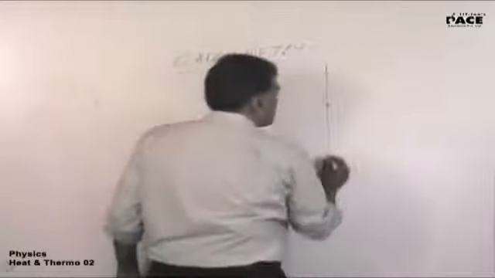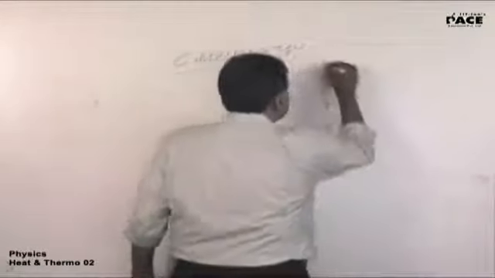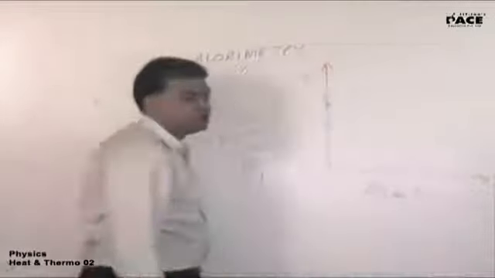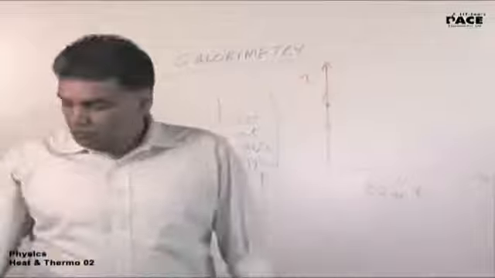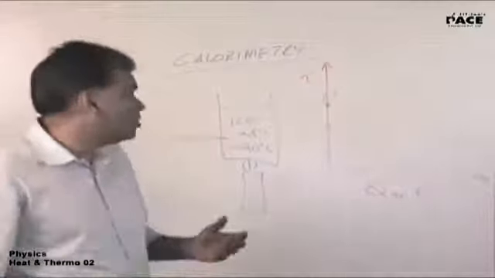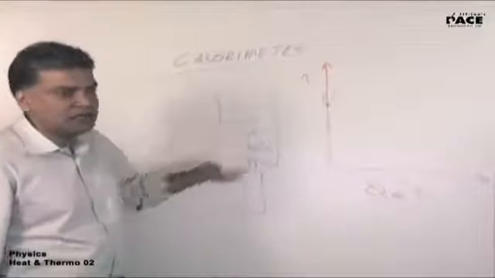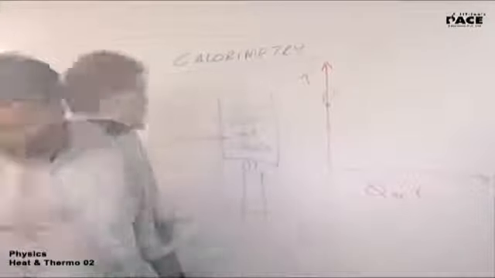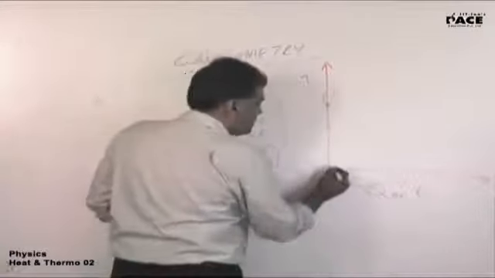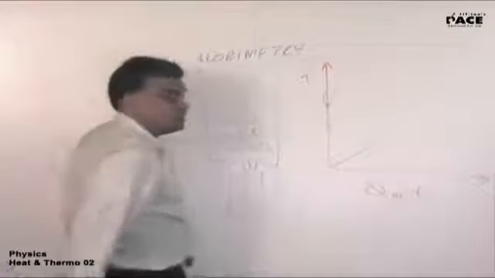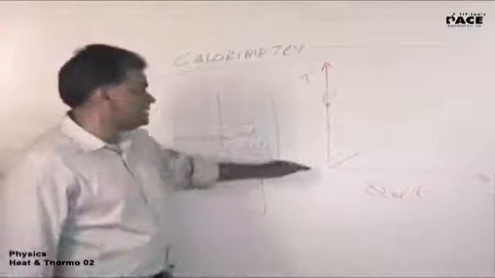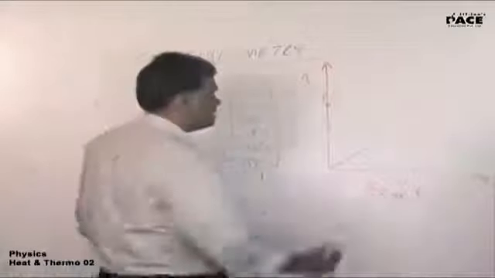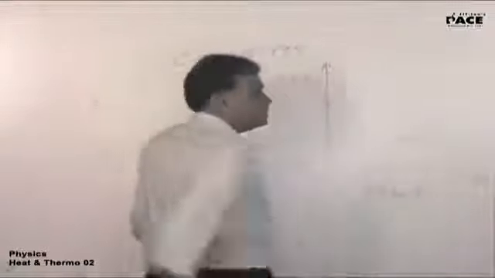Let us see what happens if you make a graph of temperature versus either the quantity of heat or time. I'm saying this because the more time you put it on the burner, the more heat is transferred to the vessel. So what you notice is, initially the thermometer races ahead. As time passes, temperature consistently increases. But then there comes a plateau.